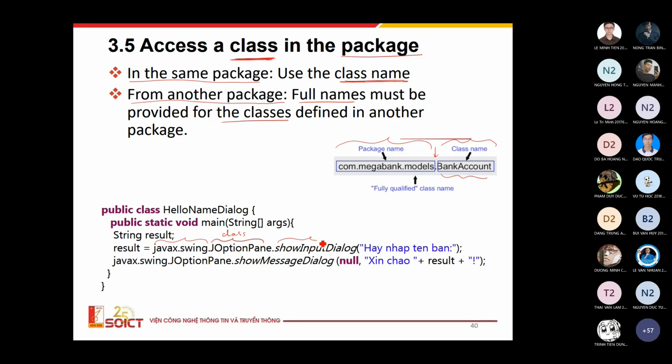You want to access the method showInputDialog of this class. If you want to access this method, you have to provide the full class name before the name of the method, and this is the input parameter. Okay.